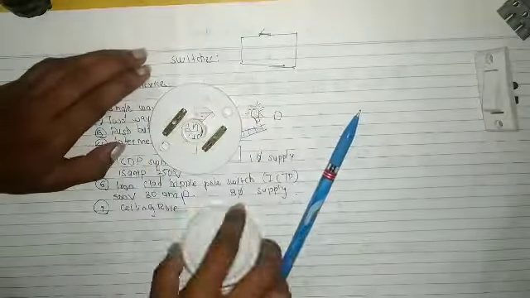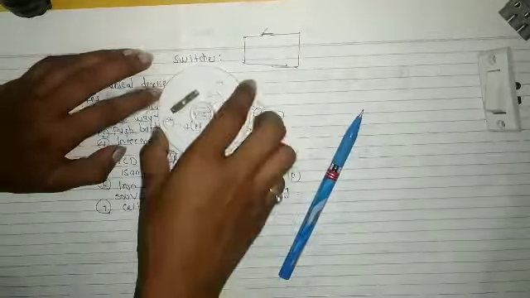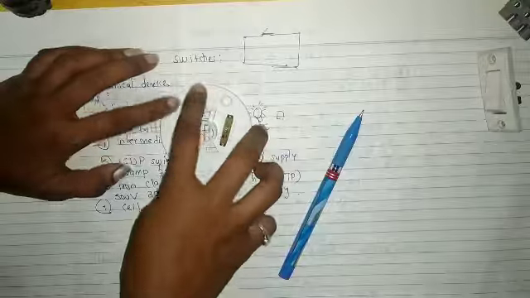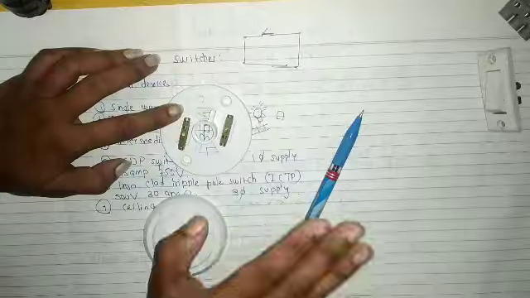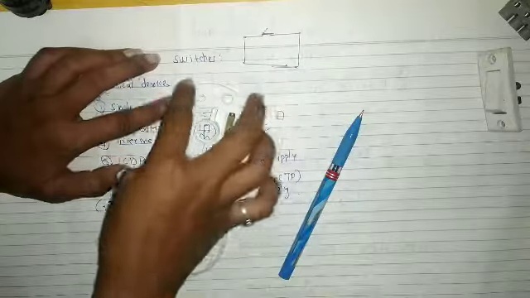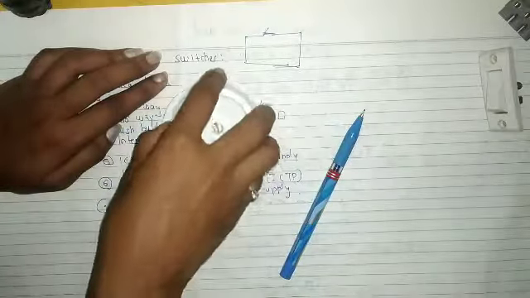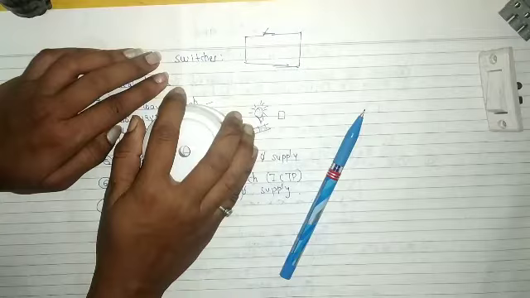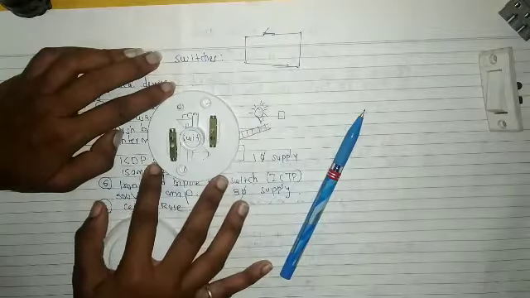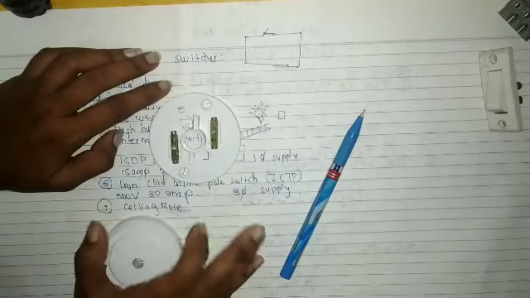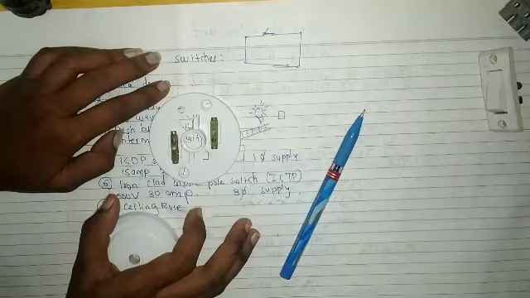This is the base and this is the cap. This base is of porcelain, which acts as an insulator. This base is made up of porcelain or bakelite with 2 or 3 terminal plates. You can see 2 or 3 terminal plates which are separated from each other.